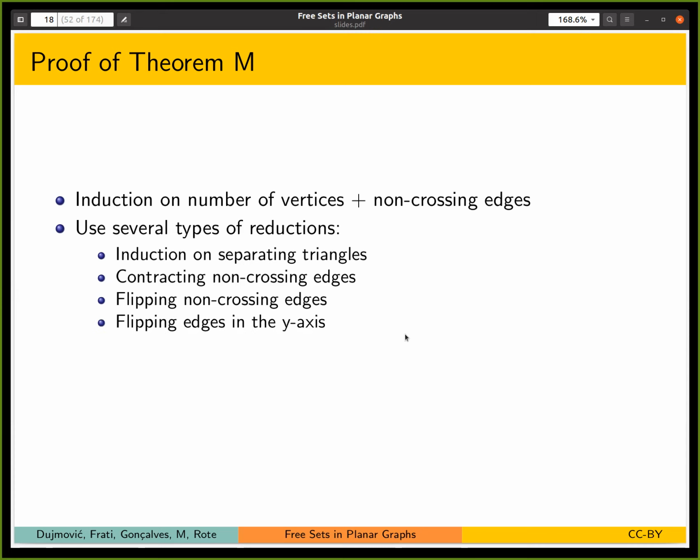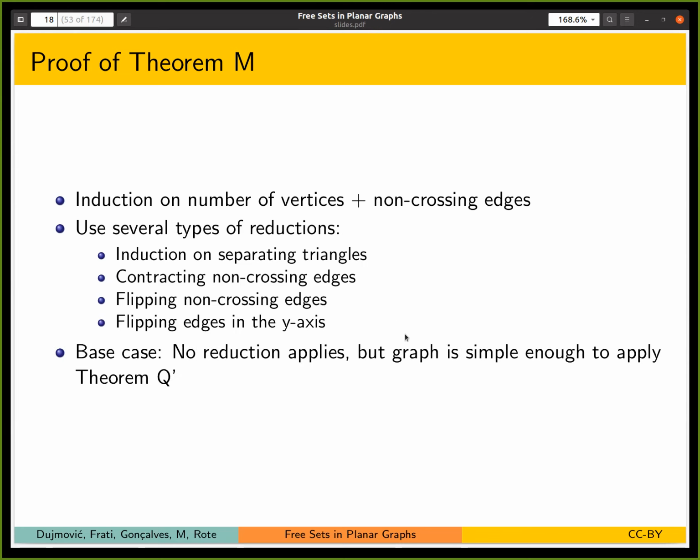Edges that are contained in the y-axis, you flip those so that they become edges that cross. And then finally, if none of those things is possible, you have one of these graphs which is simple enough to apply this theorem for these quadrangulation-like things.